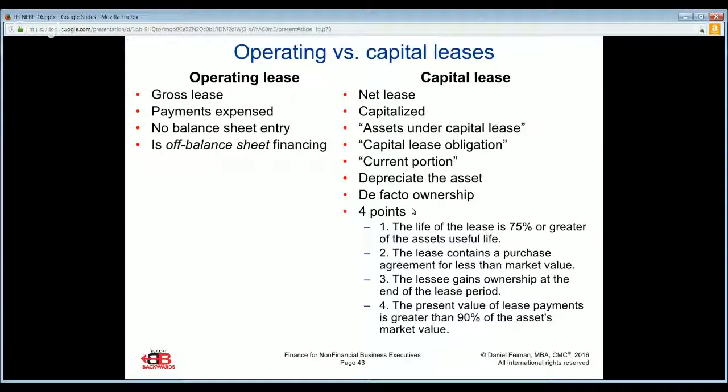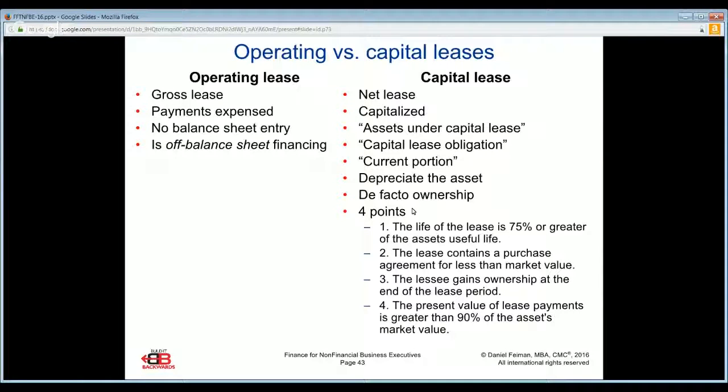So accounting says, let's be honest. Let's be transparent. Let's show to the reader of the financial statement what we really have. So long-term asset, short-term liability, and long-term liability. We're going to be completely transparent on the balance sheet. We'll take the payments as an expense on the income statement. End of discussion.